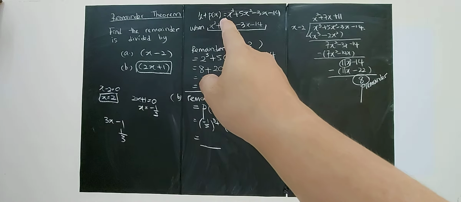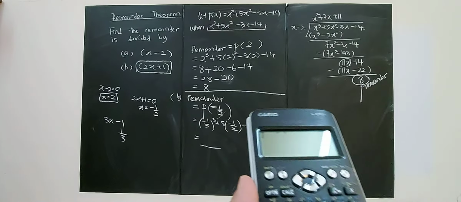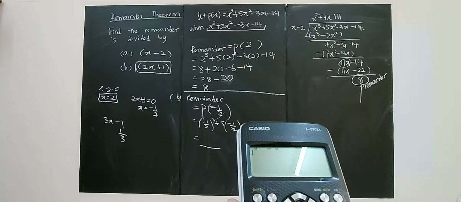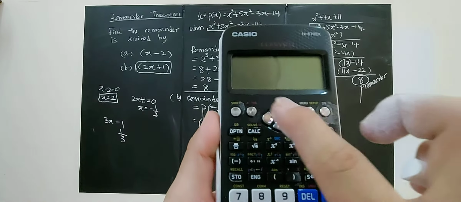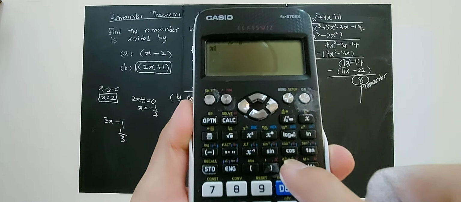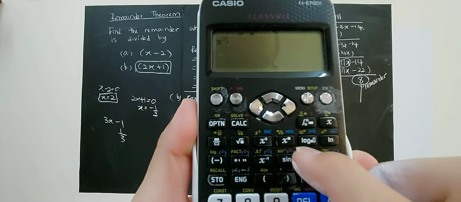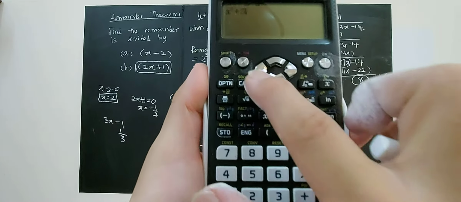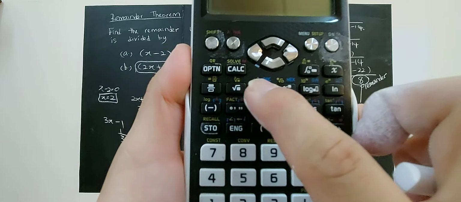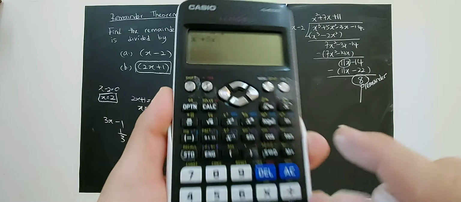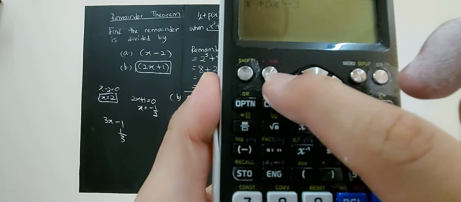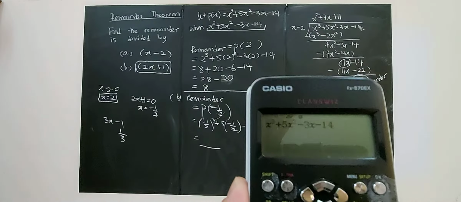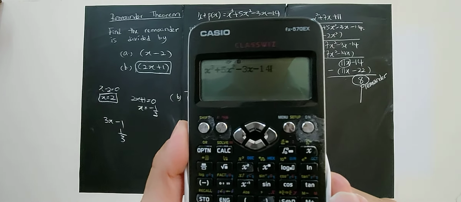I will key the polynomial into the calculator: alpha x to the power of 3, plus 5 alpha x squared, minus 3 alpha x, minus 14. This is on my screen: x cubed plus 5x squared minus 3x minus 14.